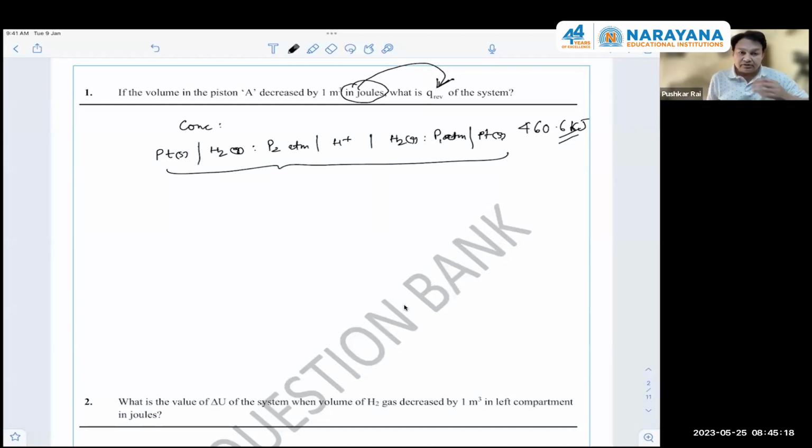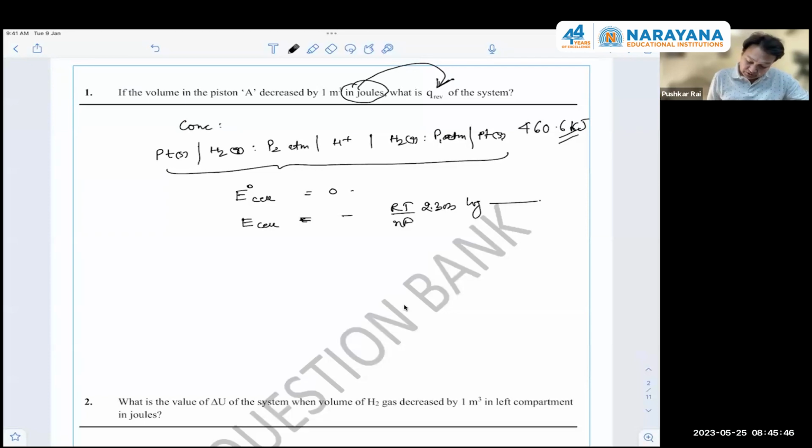In this concentration cell, the EMF of this cell, E0 cell, we already know is always 0. And EMF of this cell, E cell, will be given by minus RT upon NF 2.303 log of whatever it is.